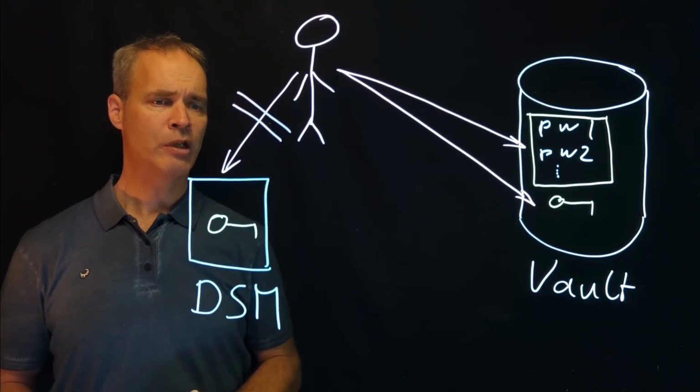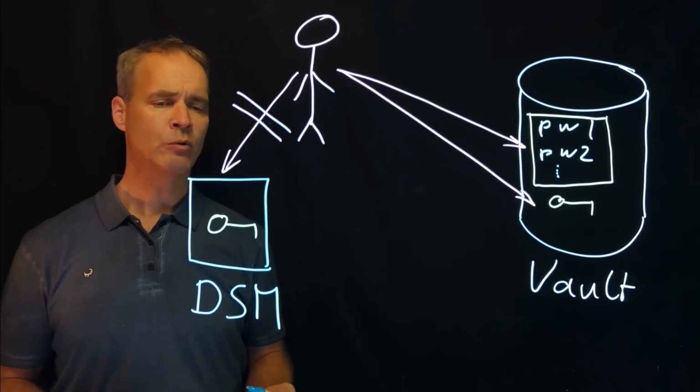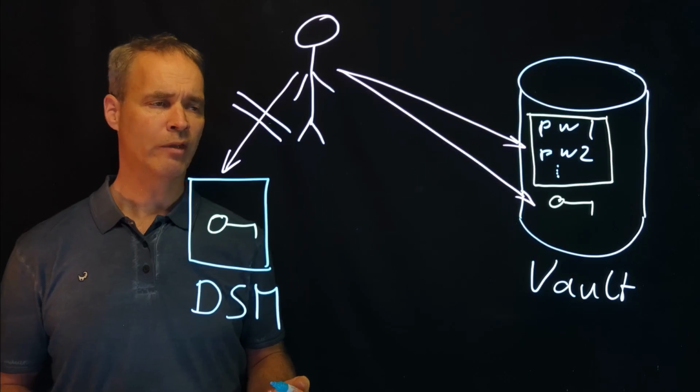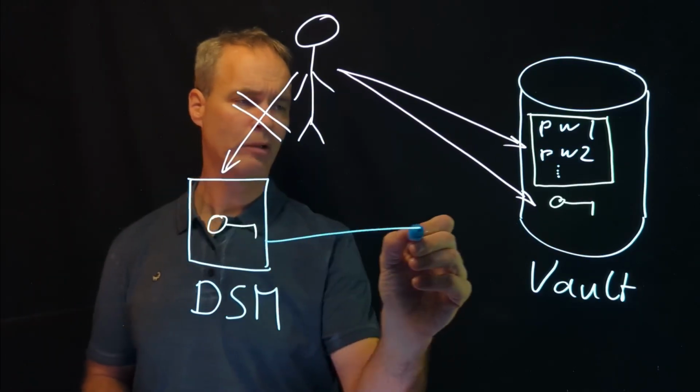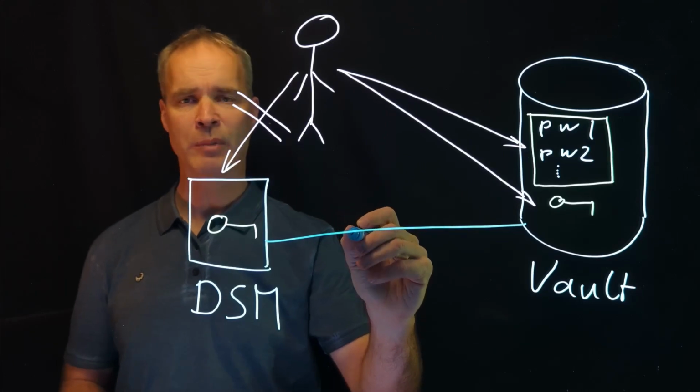This is what we want to achieve, and what do we need to do to integrate CyberArk Vault with DSM? First of all, we will use a new connection, and this is using the interface PKCS11.